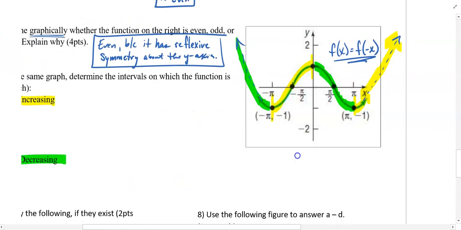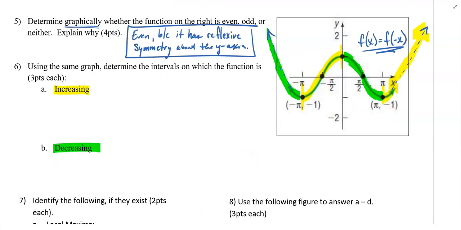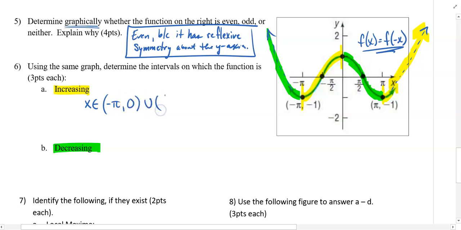As far as increasing goes, I think we could say that it's increasing on all x values that exist between -pi and 0, and then again from +pi to infinity.